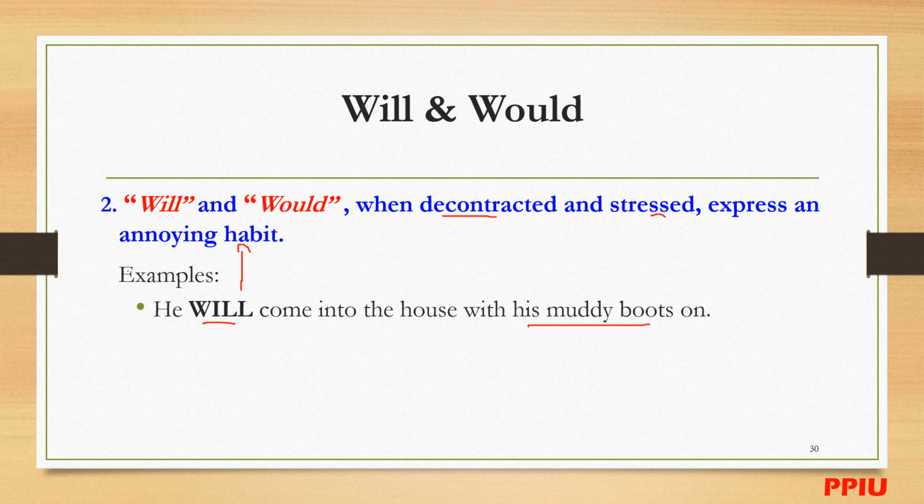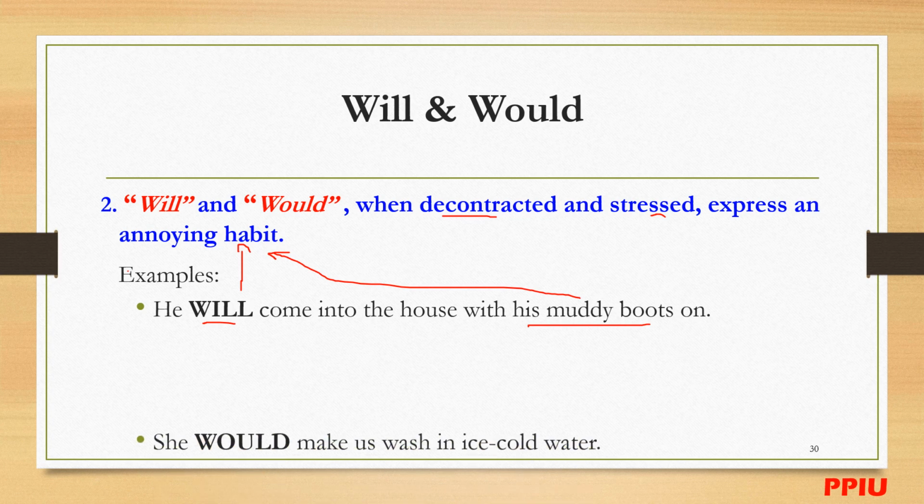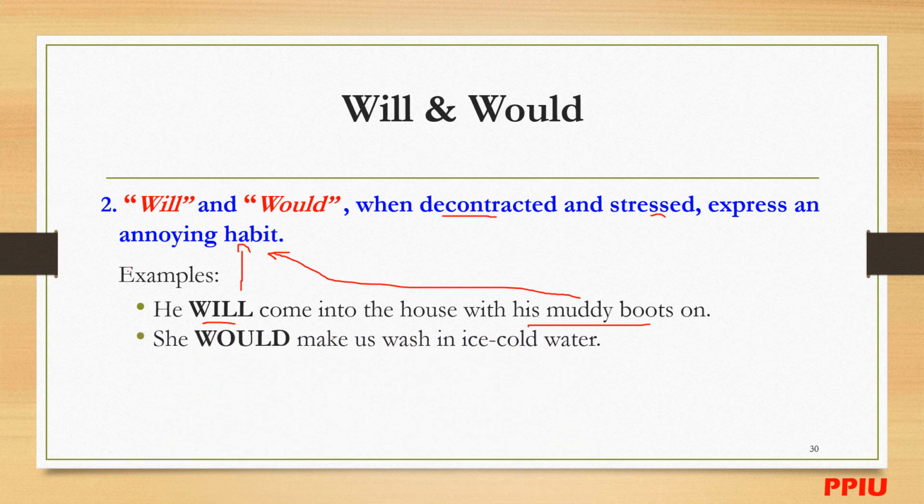You see, it's a bad habit. Come into the house with what? With muddy boots. I mean, the dirty boots, and then you just walk around in here. All right. Okay. "She would make us wash in ice cold water." You got it? So would, when would is not contracted and is stressed: she would make us wash in ice cold water.